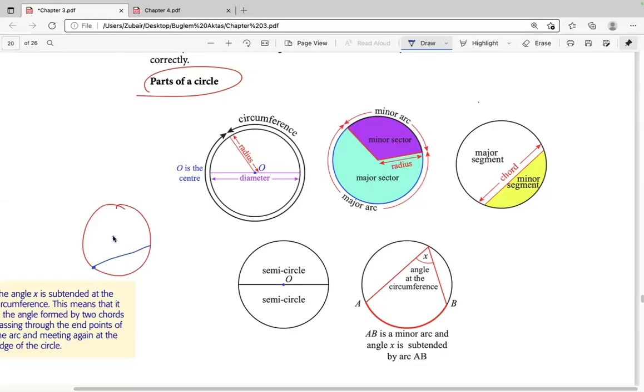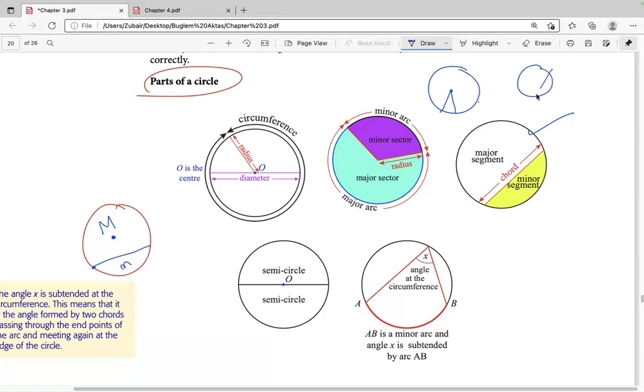If it is less than the diameter, it is not passing through the center, so it is known as a chord. A chord divides the circle into two different parts, the major segment and the minor segment. What is the difference between sectors and segments? If we have a cake and we slice it through the center, these pieces of cake are sectors.